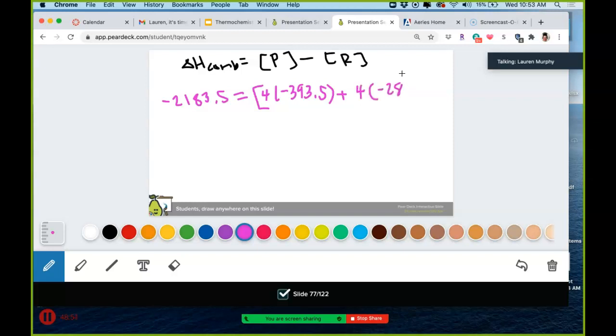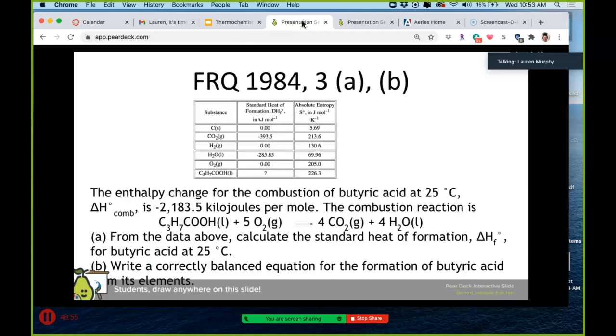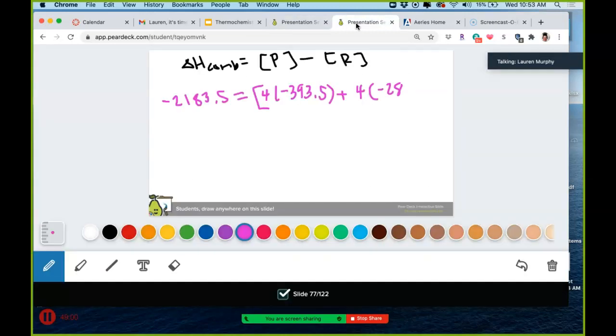And they called water negative 285.85. So that's the products. Minus reactants.